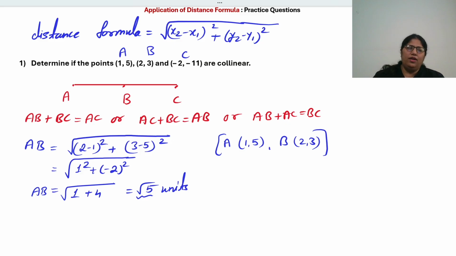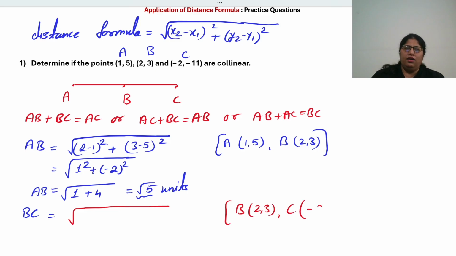Then let us find the distance between points B and C, the length BC. The coordinates of B are (2, 3) and the coordinates of C are (-2, -11). Let us substitute here. Taking B as the first point, x2 minus x1 gives (-2 minus 2) whole square plus (-11 minus 3) whole square.